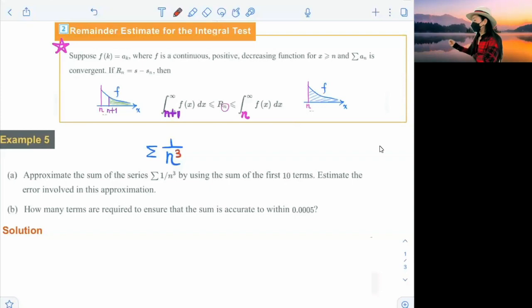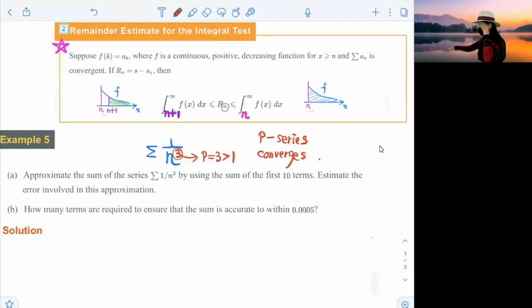First of all, I'm going to ask you, does this series converge or diverge? Why? Yeah, p here is greater than 1. It's a p-series, right? So p is equal to 3, which is greater than 1. So this p-series over here converges, right? So we know that it's equal to a finite number.